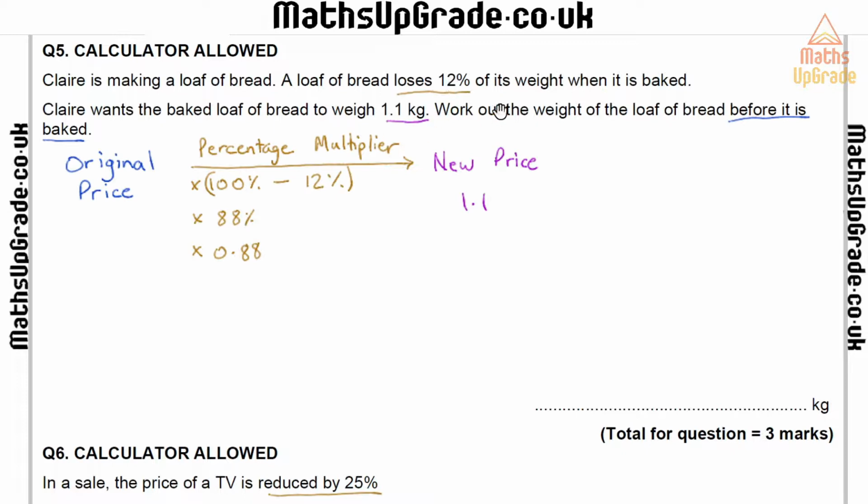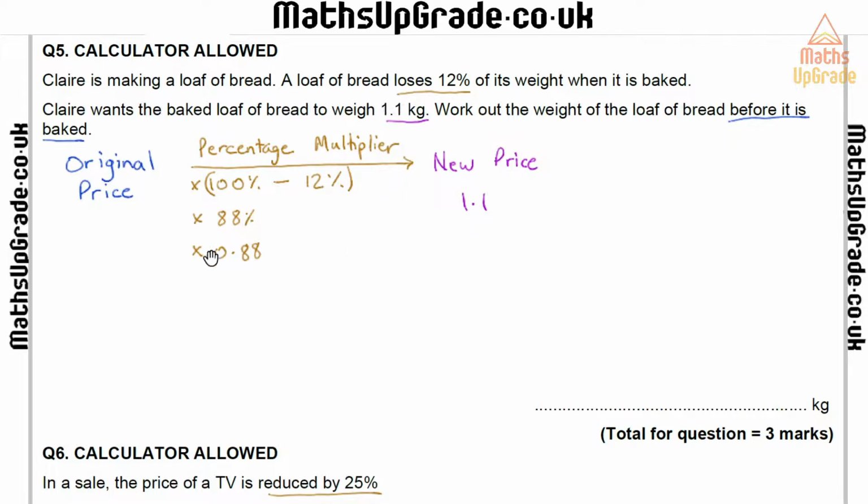The information I've underlined is what's important here. It loses 12% of its weight. In other words, what's left is 100% subtract 12%, which is 88%, and as a multiplier that's 0.88. This is what she wants the final weight to be. She wants the final weight to be 1.1 kilograms.